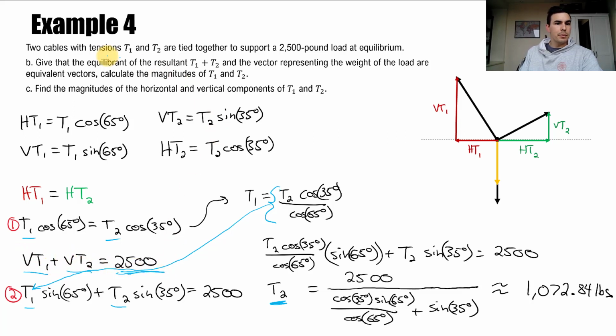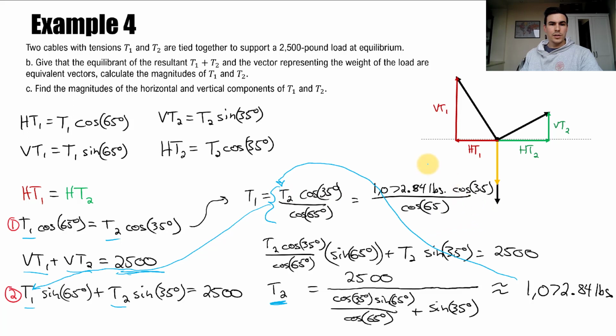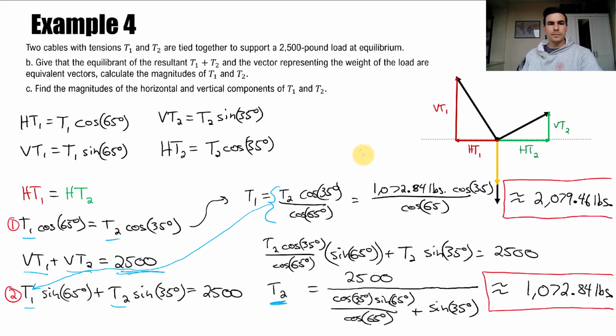That's the setup for B, and we are going to calculate the magnitudes of T1 and T2. That's this B step here. Now I just take what I have found for T2 and plug that right into here, and we get an equation that looks like this. I can plug that into my calculator and find that T1 is approximately 2,079.46 pounds. So that would be the answer for part B for this example.